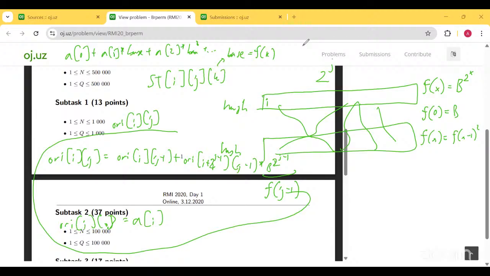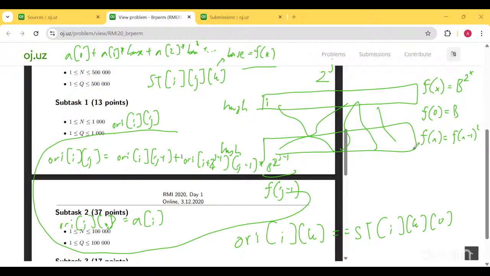All right. And the base is f_k. It means if you want to check whether the solution is true or not, just check whether RE[i][k] is equal to ST[i][k][0] or not.